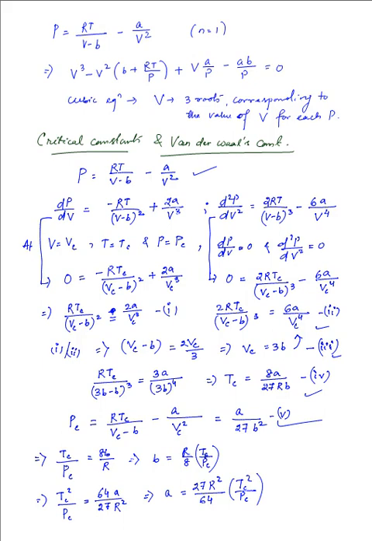Now, in order to obtain a universal equation which is valid for all the gases that we may consider, we can consider a separate case that is known as the reduced equation of state, which we will be discussing right now.